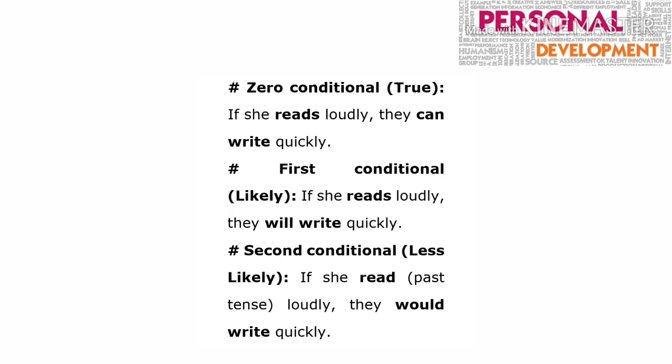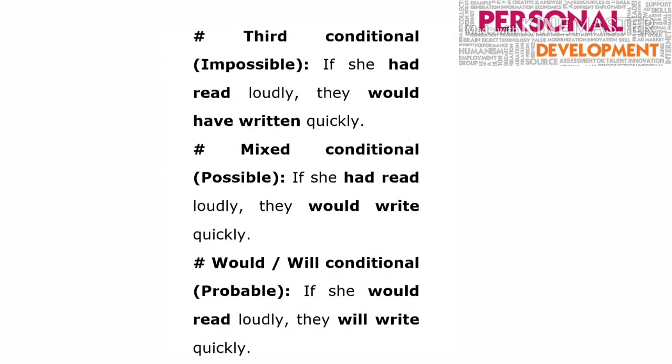If she reads loudly, they will write quickly. Second conditional, less likely. If she read loudly, they would write quickly. Third conditional, impossible. If she had read loudly, they would have written quickly.